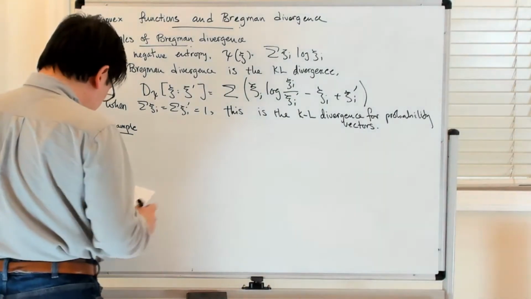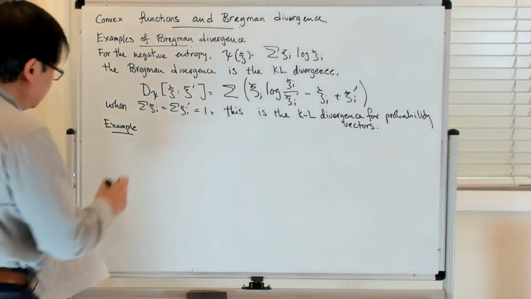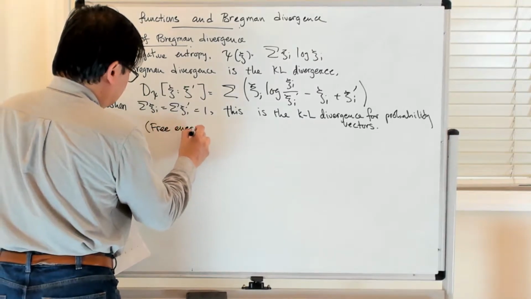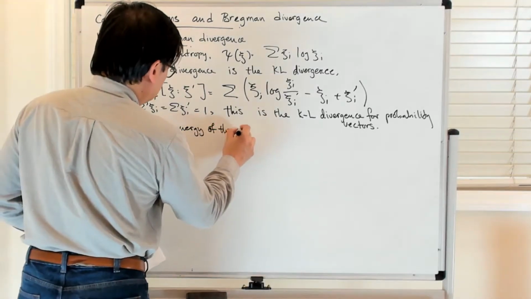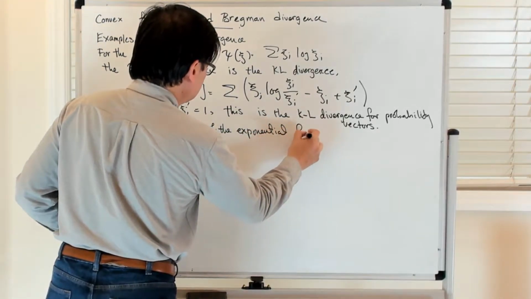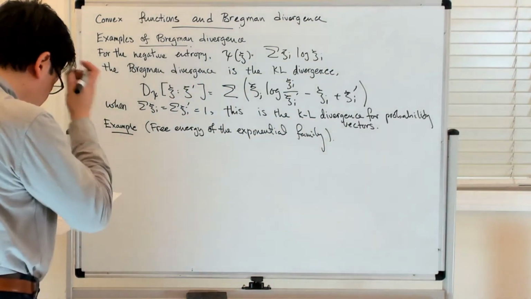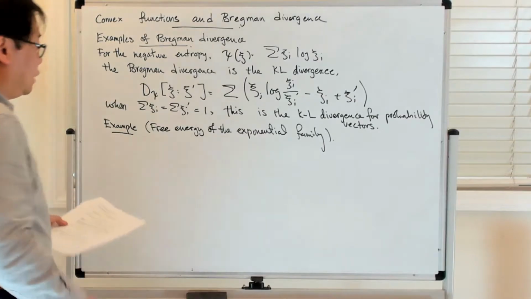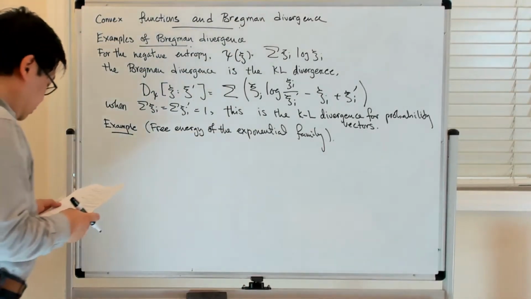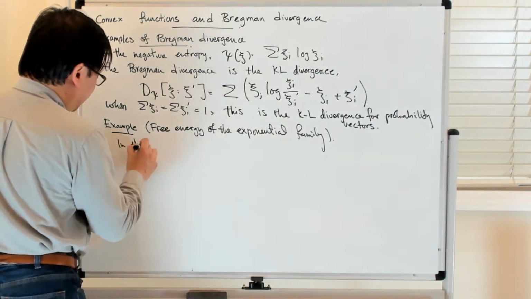Okay, so let's look at one more example, which is the free energy of the exponential family. If you recall, in this exponential family, there was a normalizing factor, psi of theta, right?